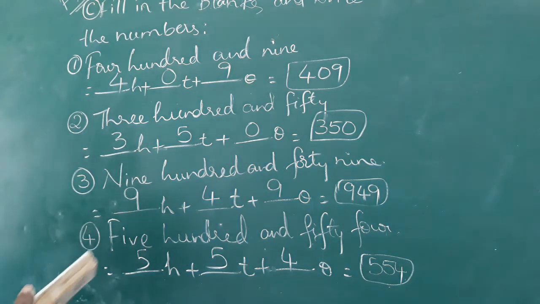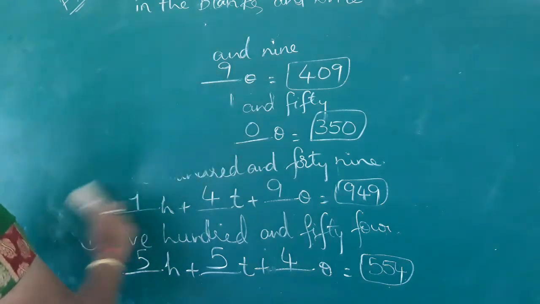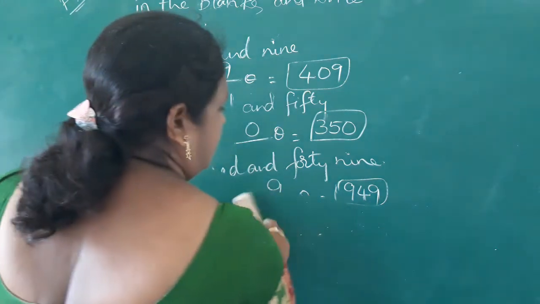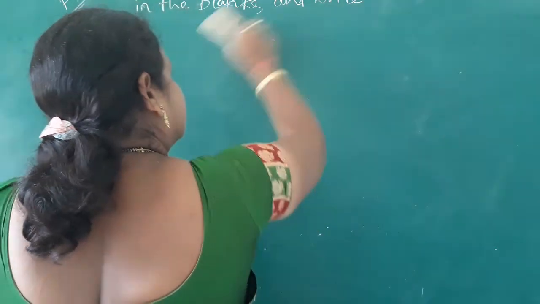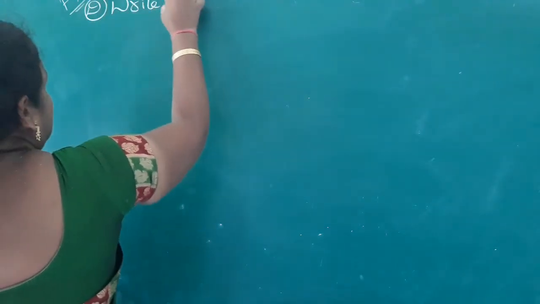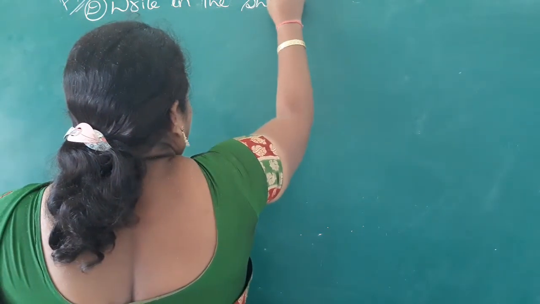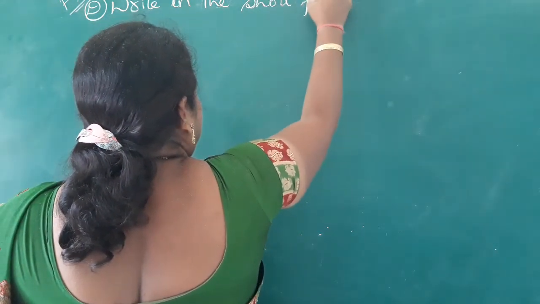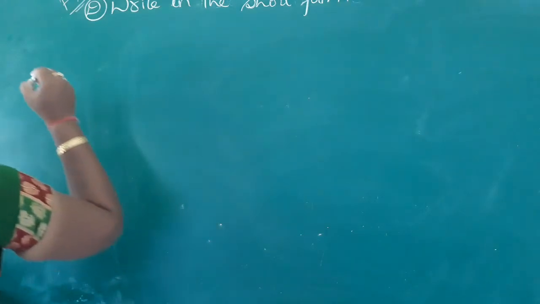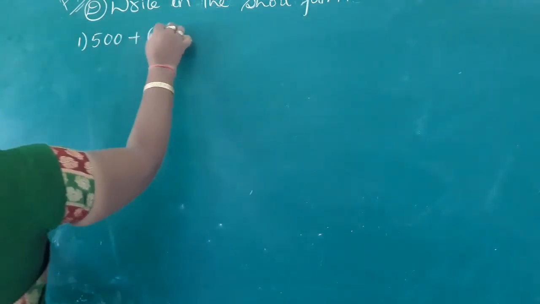Next one. Write in the short form. They have given questions for us. 500 plus 60 plus 7.